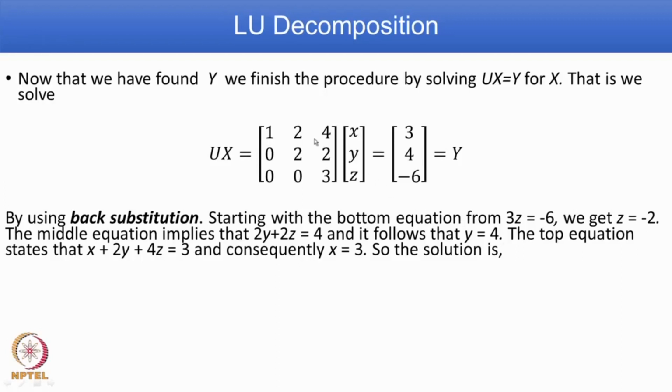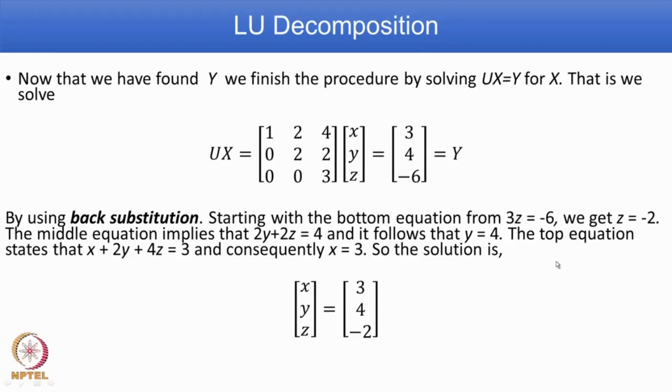Now, take the first row, the top equation. So, x plus 2y plus 4z equal to 3, and if you solve after substituting the values of y and z, you get x value to be 3. So, the final solution is x, y, z equal to 3, 4, minus 2.